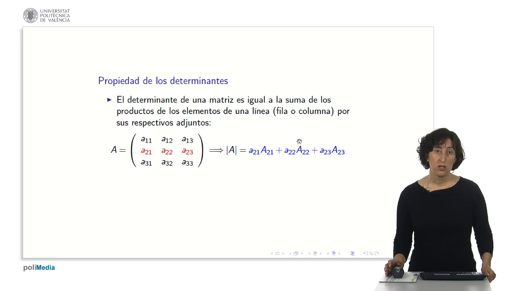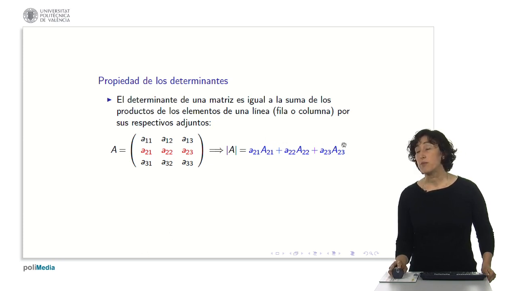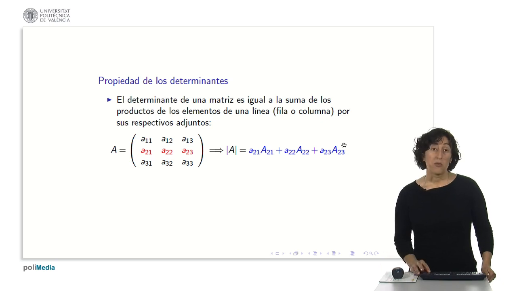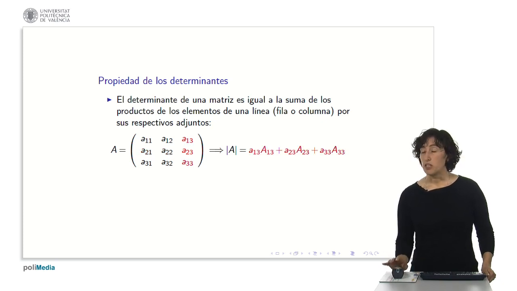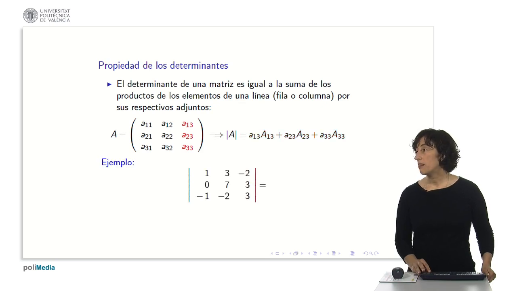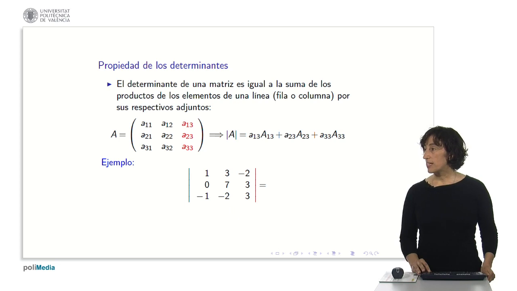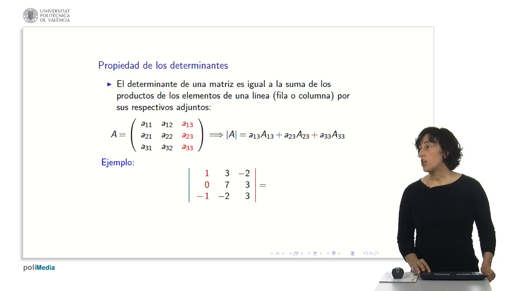Remember, if this matrix is 3 times 3, each of the adjoints is of size 2 times 2. We are reducing the calculation of a determinant 3 times 3 to the calculation of 3 determinants 2 times 2. We could also have chosen a column, and it would be exactly the same. It can be a row or column, whatever we want. For example, for this matrix, 1, 3, minus 2, 0, 7, 3, minus 1, minus 2, 3.